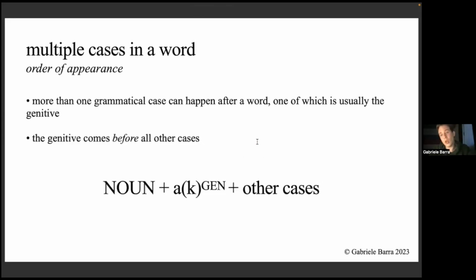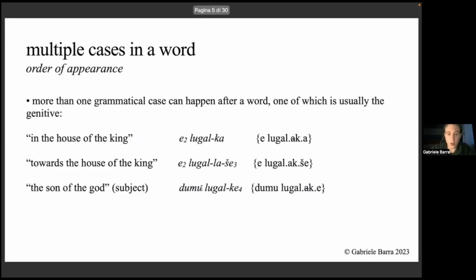When you have more than one case, the genitive comes before the other, as explained in this formula: you have the noun, you use the ak, and then the other case. Now we're going to talk about the k thing for a second, because I had told you that you spell the genitive by repeating the last consonant, if it has one, and then putting the a, and the ak kind of disappears in such cases. Now we'll see why that is.